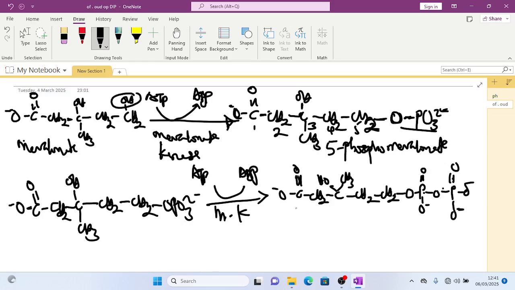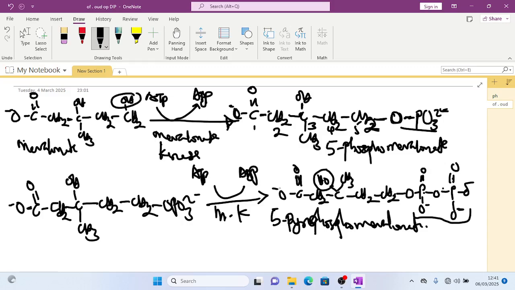So what do we call this compound? We call this 5-pyrophosphomevalonate, because there are two phosphate groups. So what happens next is that we are going to further phosphorylate this hydroxyl group, right?